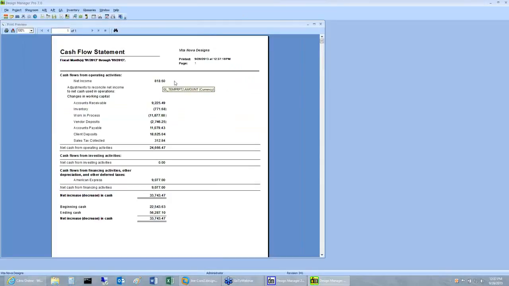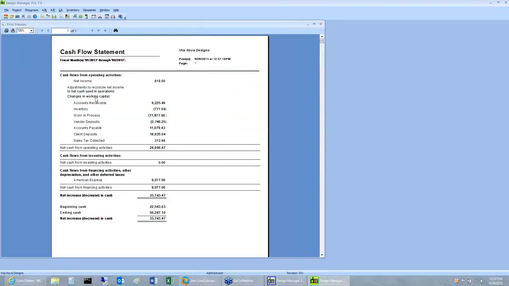in net income. That's what the company brought in after paying salaries and everything. And what a cash flow does is it relates everything to that net income by looking at the activities that income came from.